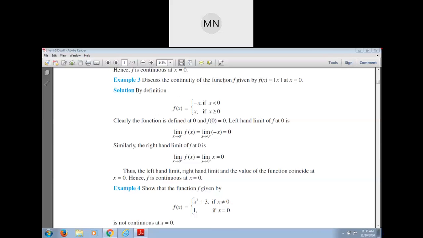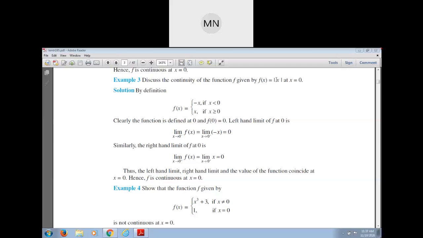Here we have to check the continuity of f, and f is given as the modulus function of x. f of x equals mod x, and we have to check the continuity at x equals 0. To check the continuity of f at x equals 0, first you have to define this function.